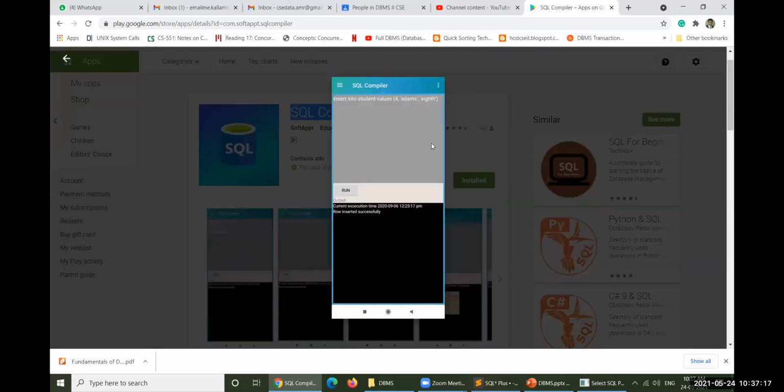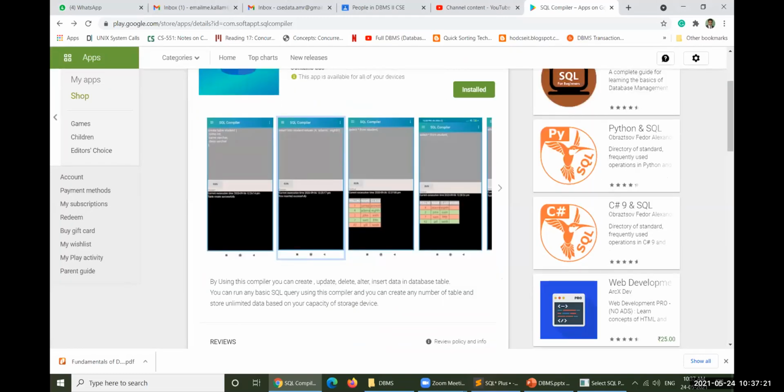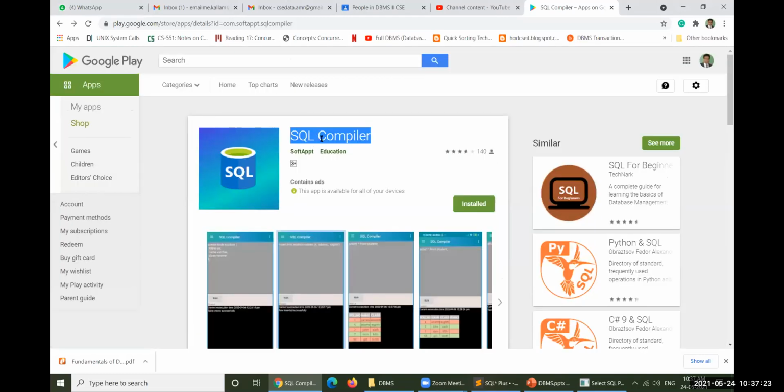So please install this particular app into your Android phones. Then whatever I am supposed to give you can be executed there, and submit the assignment back to me.